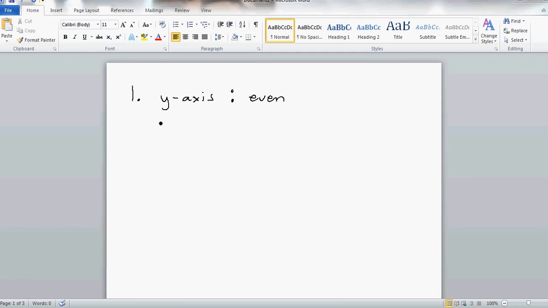And if it has origin symmetry, then it is an odd function. That's what we're looking at in this first group.